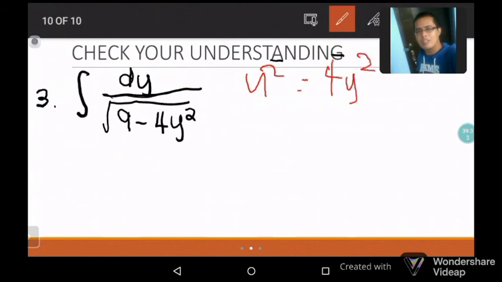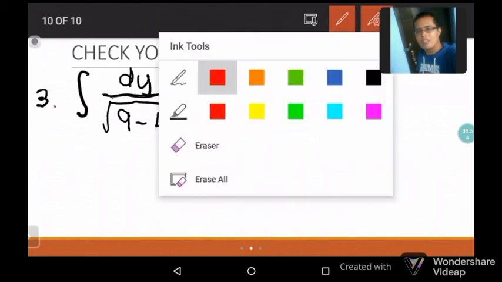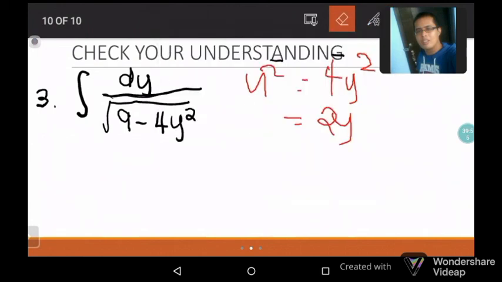So, u which is equal to 2y. Then we get the derivative of u, which is equal to 2 dy. Divide natin both sides by 2. Ito, makakancel out. So, ang dy mo is du over 2.